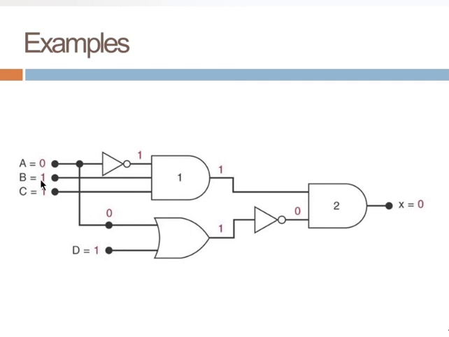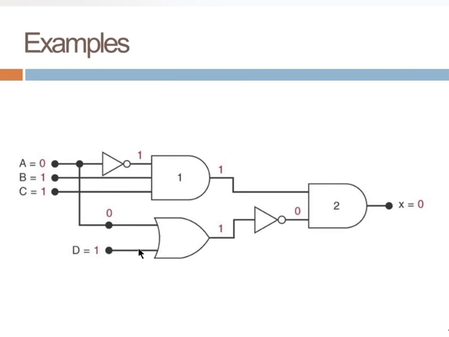A is 0, B is 1, C is 1, and A is complemented, so A bar is 1. So this is A bar BC, and all the inputs are 1, so the output is 1. In the second level, A is 0 and D is 1, passed through an OR gate, so the result is 1.